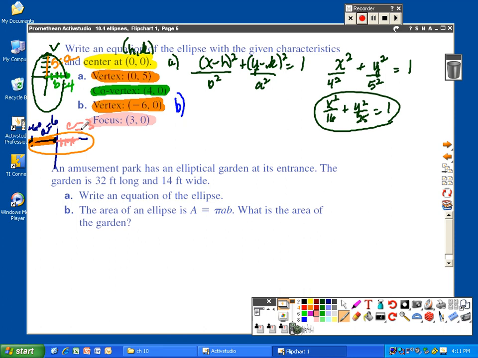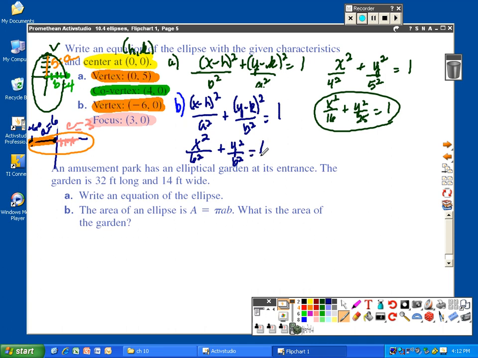So that means a squared will be under the x and b squared will be under the y. So (x minus h) squared over a squared plus (y minus k) squared over b squared equals 1. So x minus 0 squared is x squared over a, which is 6, so 6 squared, plus y minus 0 is y squared over b squared, which we don't have, equals 1.